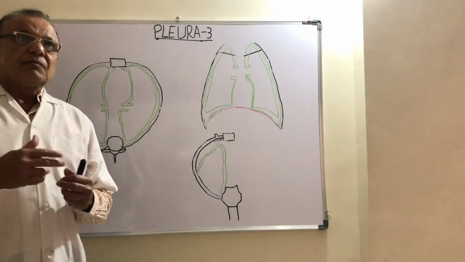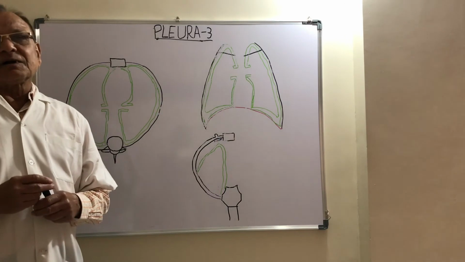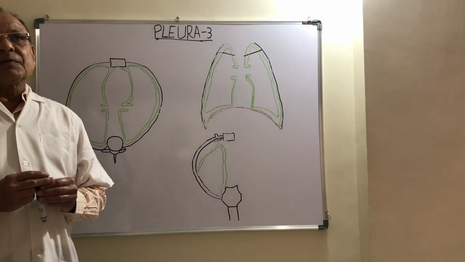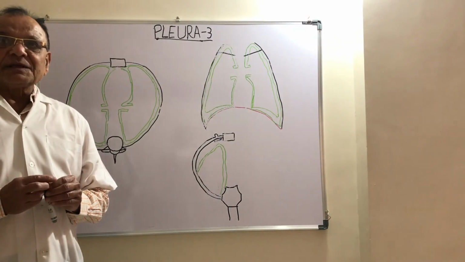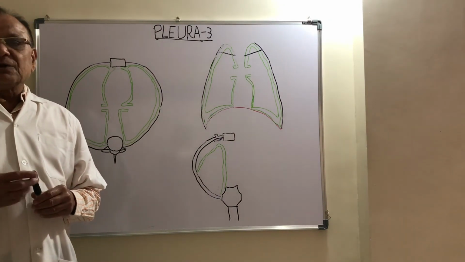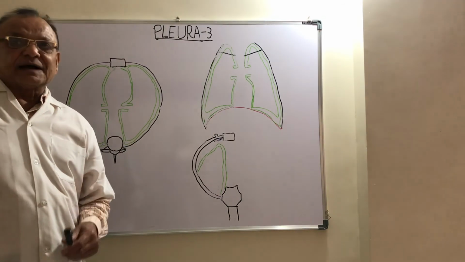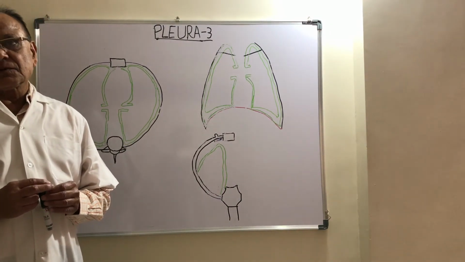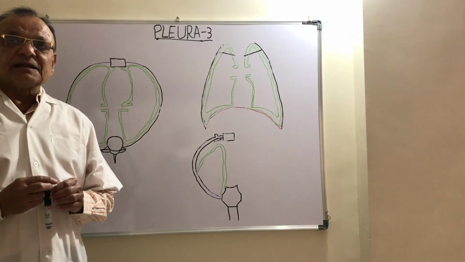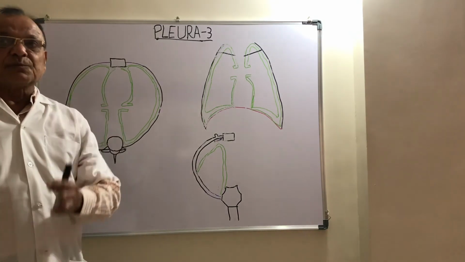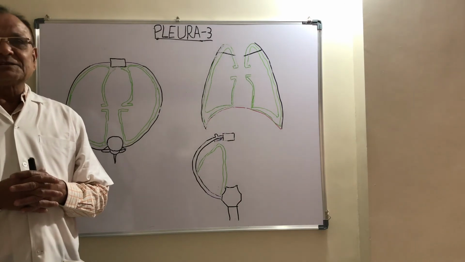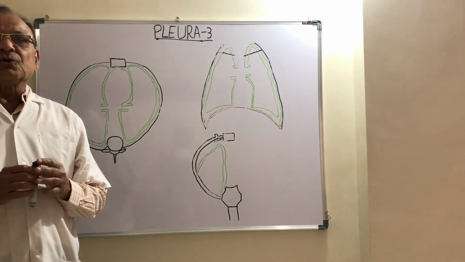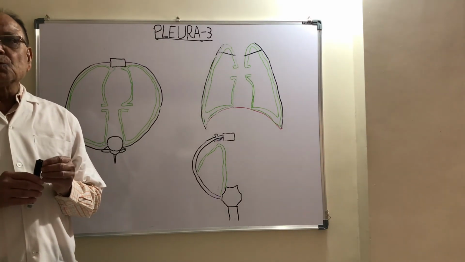So the pointed end of the fractured rib may perforate the parietal pleura. Due to the wound, air from the outside may collect in the pleural cavity. When air is collected in the pleural cavity, the size of the pleural cavity enlarges. This condition is called pneumothorax.